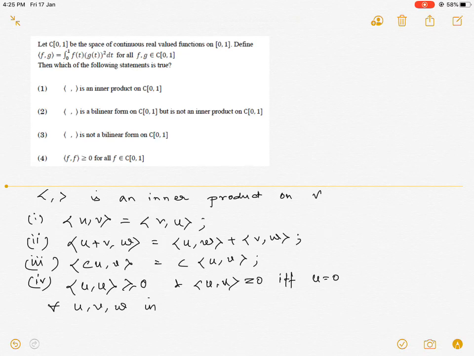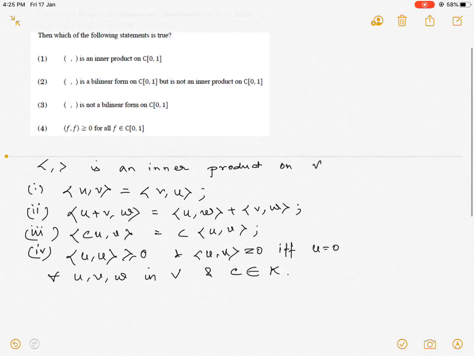For all u, v, w in the vector space V and a scalar c in the underlying field, say K.